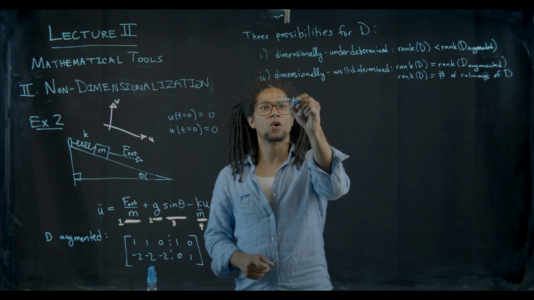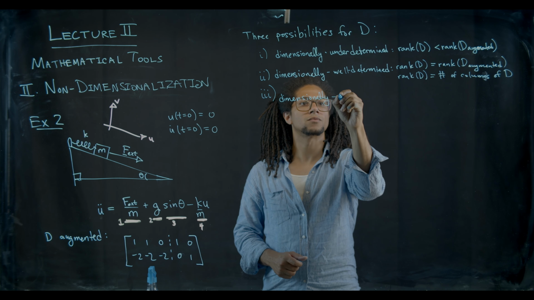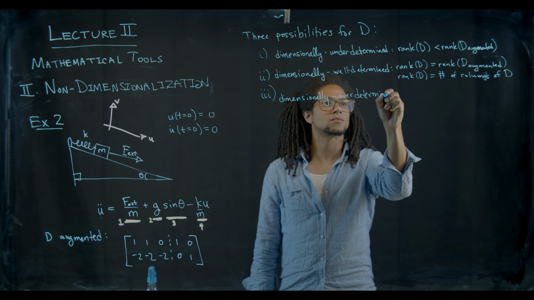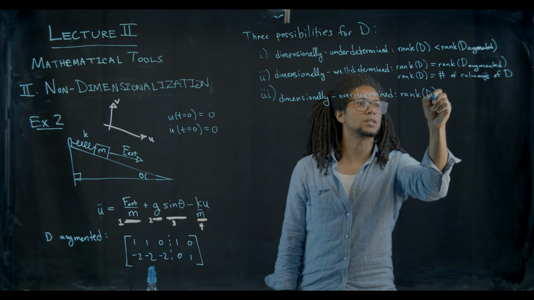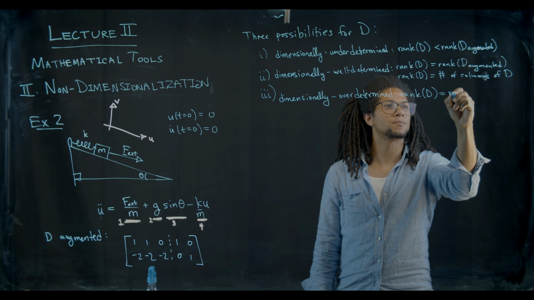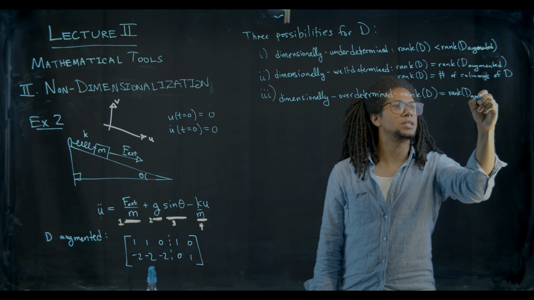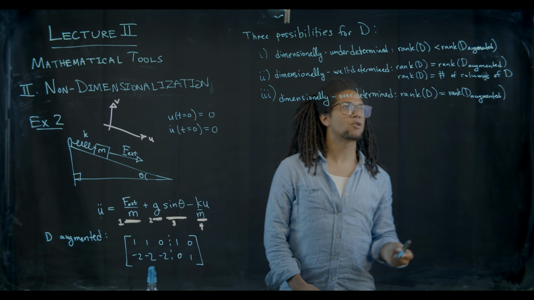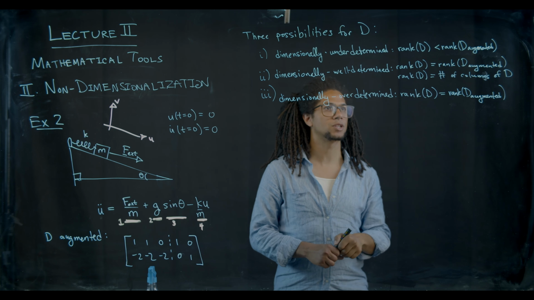Lastly, we have dimensionally over-determined problems. In this case, the rank of D is equal to the rank of D augmented. Notice that since D augmented includes D, the rank of D augmented could never be less than the rank of D. So this is actually all of the possibilities.